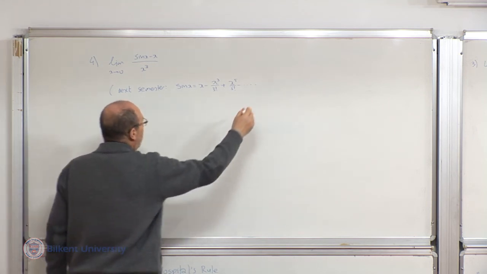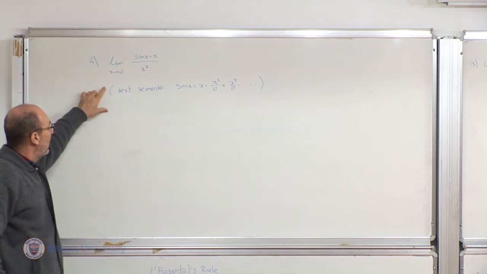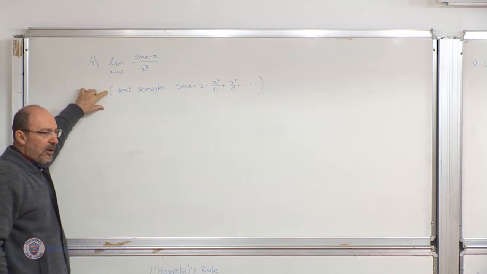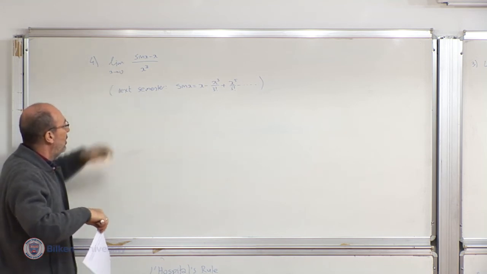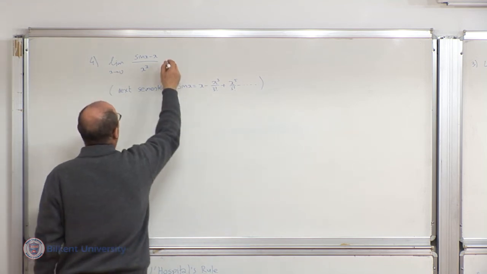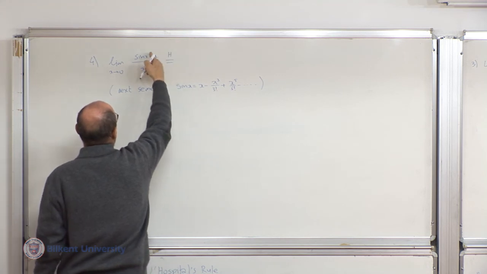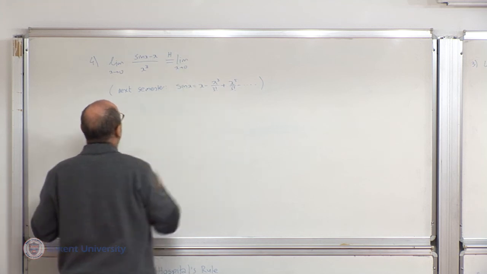Okay? So this is the easier way of calculating indeterminate limits when you realize that you have to take lots of derivatives and the functions are complicated. Okay? But with these things, we don't need this. So here we can use L'Hopital because this is 0 over 0. Limit x goes to 0.